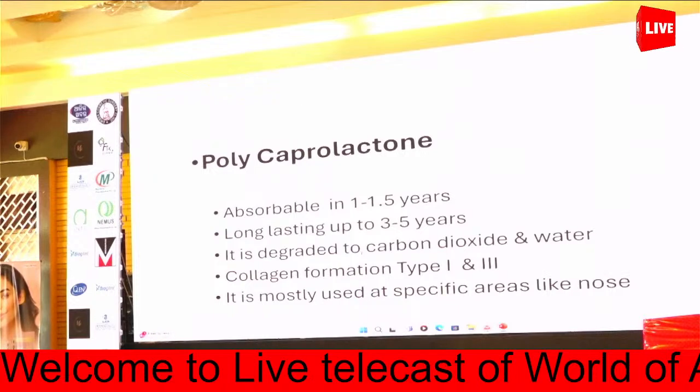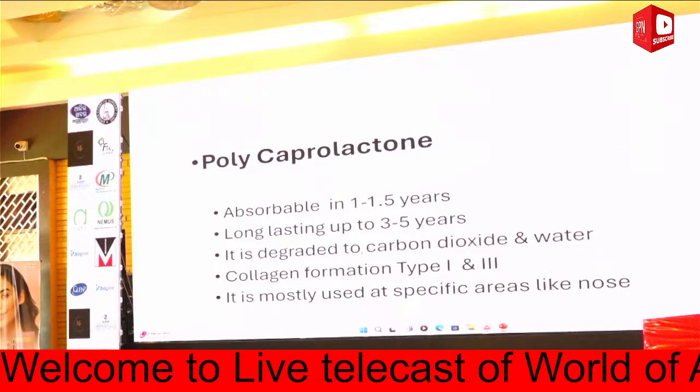And this is the best one today: polycaprolactone, or PCL threads. These are absorbable threads again, and the absorption takes approximately 1 to 1.5 years. The important thing is that the effects are longer lasting, up to 3 to 5 years, depending upon the number of sutures used, the muscular activity of the face, and the type of skin the patient has.